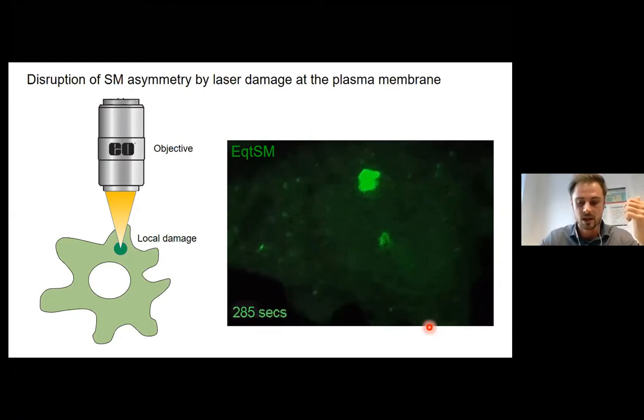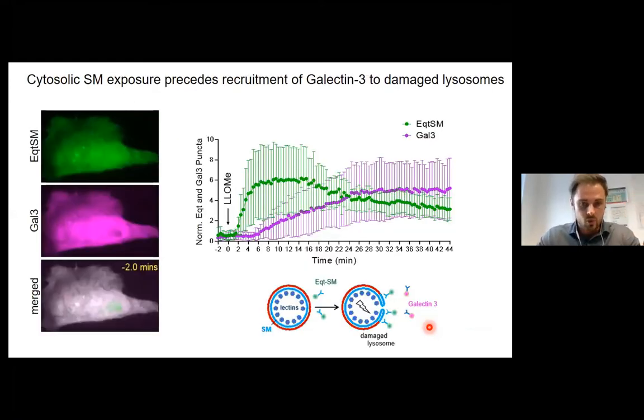One well-studied marker for membrane damage are glycans that sit, similar to sphingomyelin, at the non-cytosolic leaflet of membranes and are only exposed to the cytosol upon damage. And these glycans are then recognized by galectins, such as galectin-3 here.